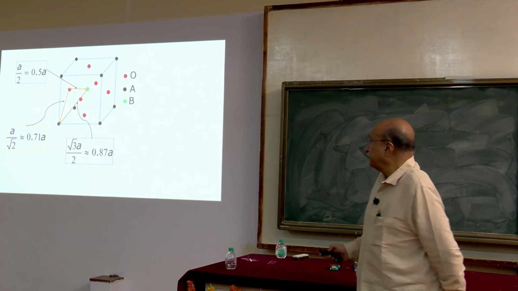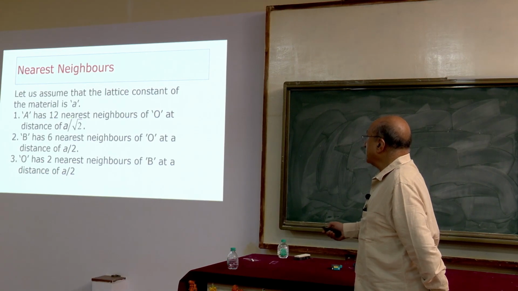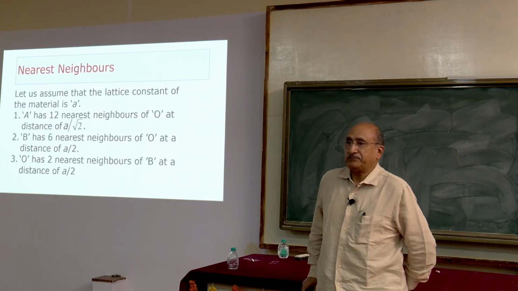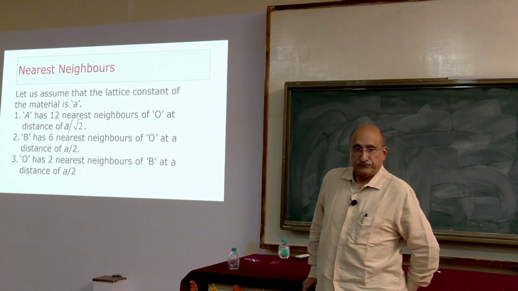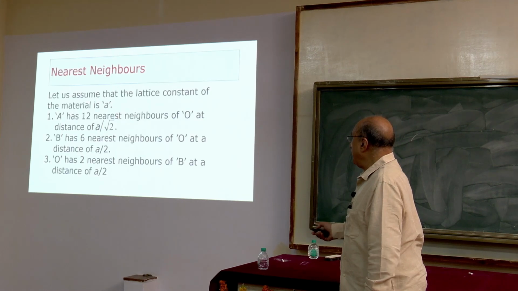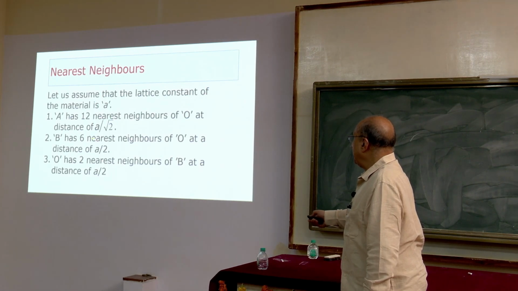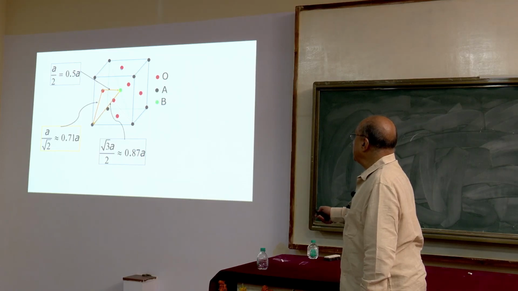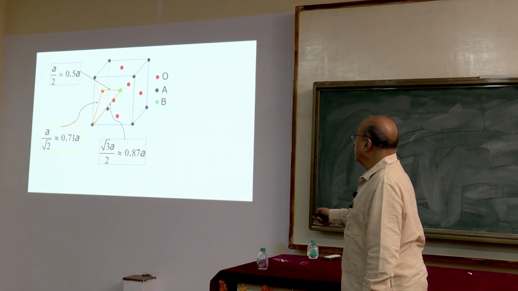At a distance of a by root 2. Okay? Just look at E. E is this 3. This is a by 2, which is 5.